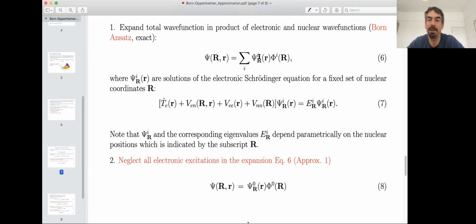So you can of course not make this approximation, and it turns out that this approximation is good as soon as the energy levels are well separated. When you do photochemistry and a photon is absorbed, say in the UV-Vis with maybe 1.5 or 2 eV, then due to that external perturbation, you excite the system into an electronically excited state.